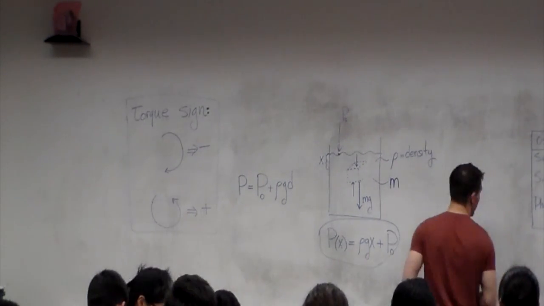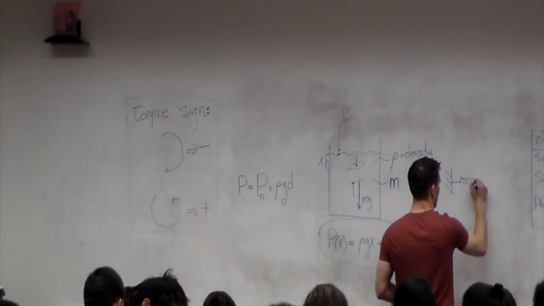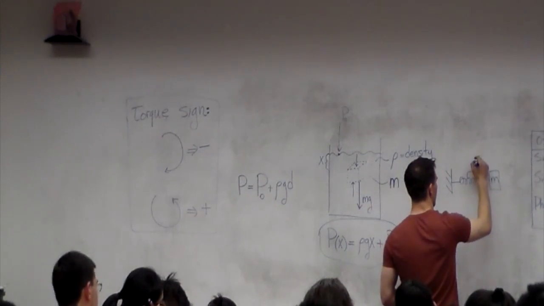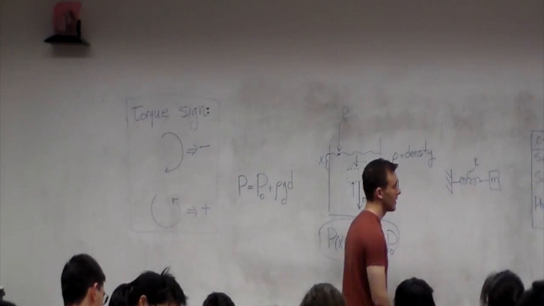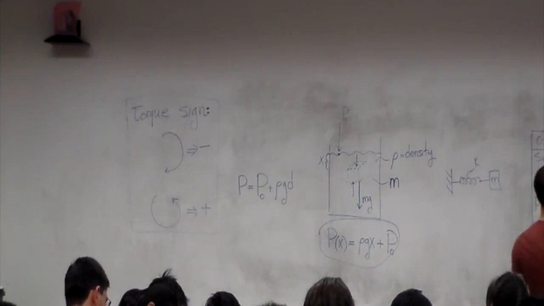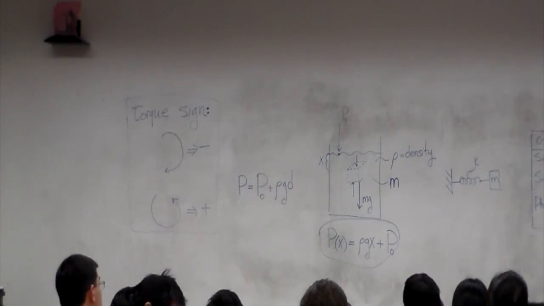To recap, for a simple spring you have a block of mass m and a spring with spring constant k. The angular frequency of oscillation is that, and the time period T is equal to 2 pi over omega.